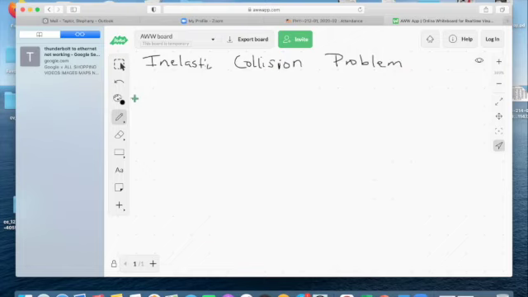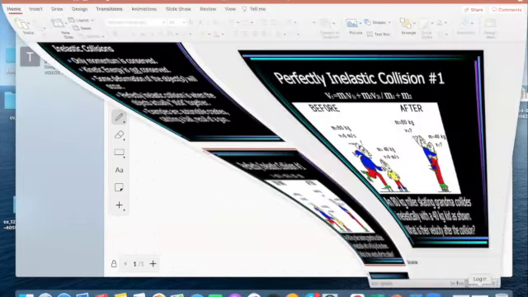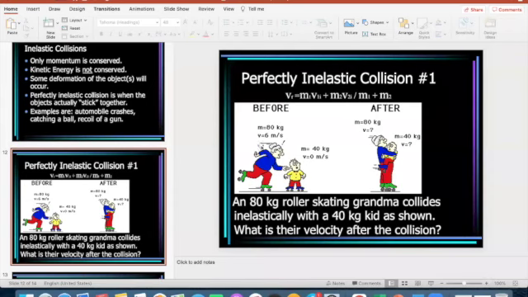All right, so what we're trying to find out is what is their velocity after the collision. So let's write down our knowns and unknowns. We know that the mass of the grandma, let's call her M1, was 80 kilograms. And her speed, let's call that V1, was 6 meters per second. The grandchild, let's call him mass 2, was 40 kilograms and his initial speed was at rest.